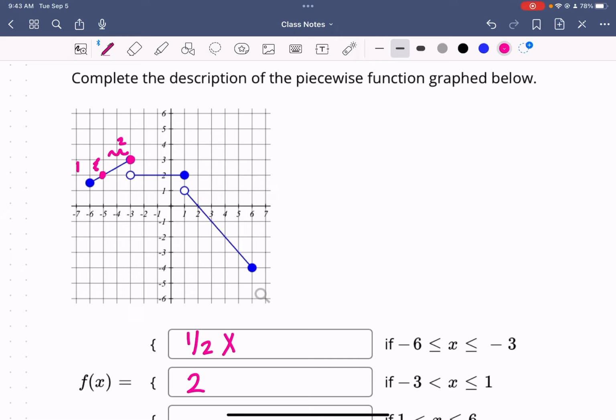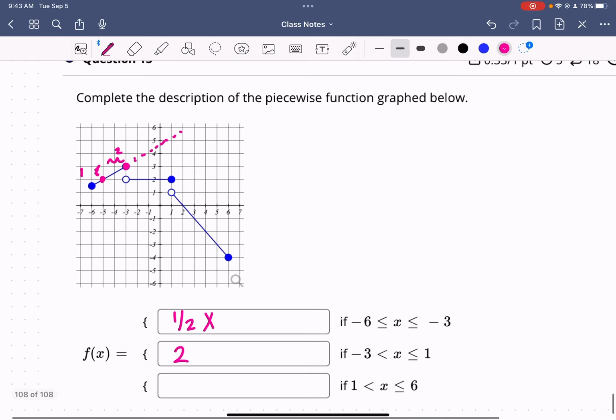The next thing I can do is try to figure out what this equation would be as it proceeded on and got over here to this y-intercept. Now I'm going to do that by following my equations. Since I already know my m is equal to 1/2, I just need another good point, and I can choose either of those two.